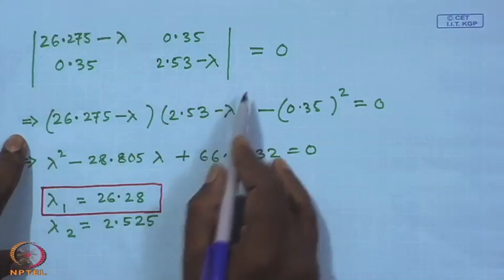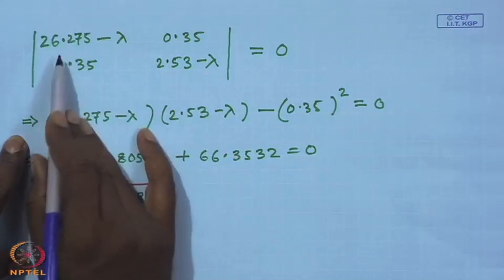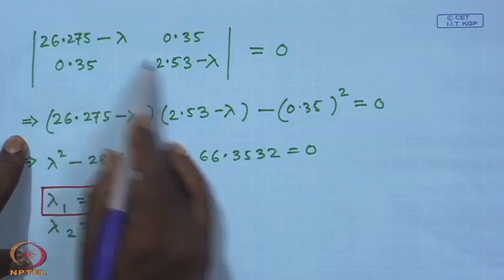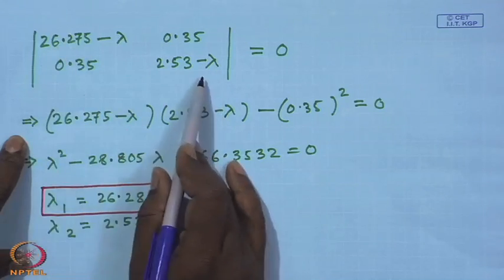To find out the eigenvalues of the covariance matrix, the procedure is well known. You form a determinant of this form. If lambda is an eigenvalue, then along the main diagonal, from all the elements you subtract lambda, form a determinant and set this determinant value equal to 0.